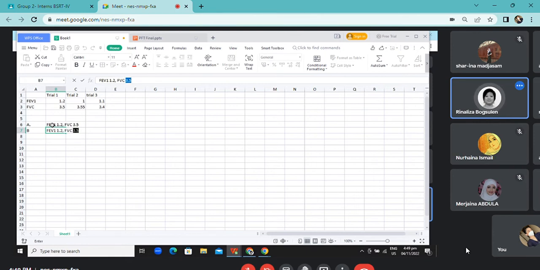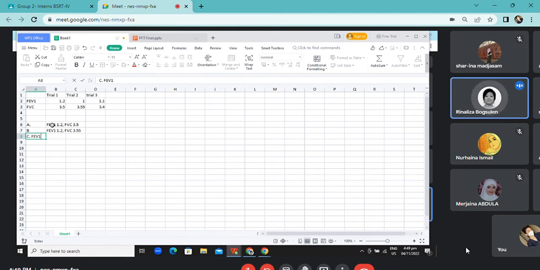FVC is 3.55. Letter C, FEV1 is 1. This is 3.55.